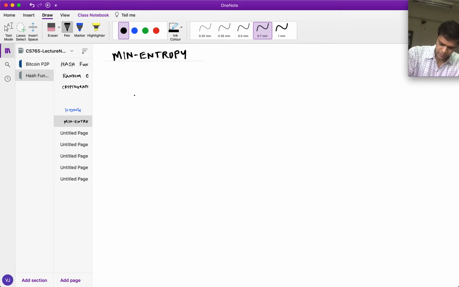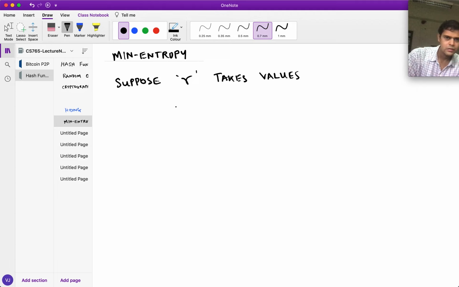Okay, so what does minimum entropy mean? Suppose R takes, let's say, n possible values, and each of these is chosen with a particular probability.